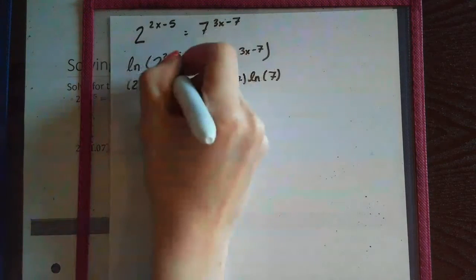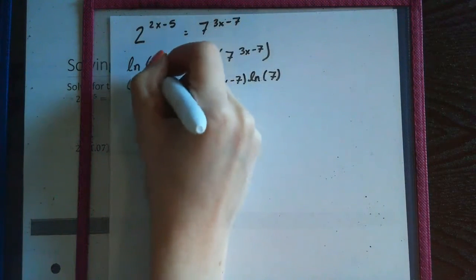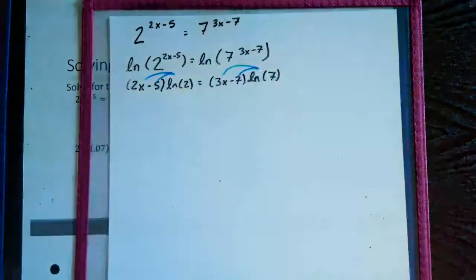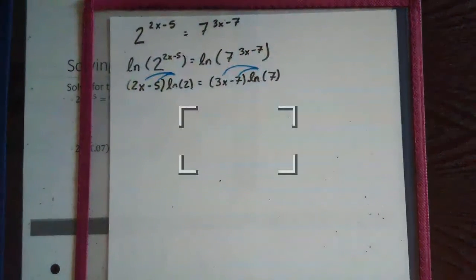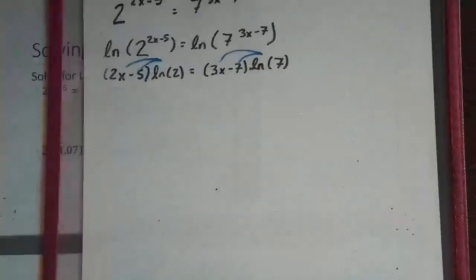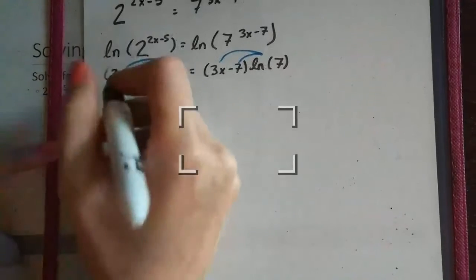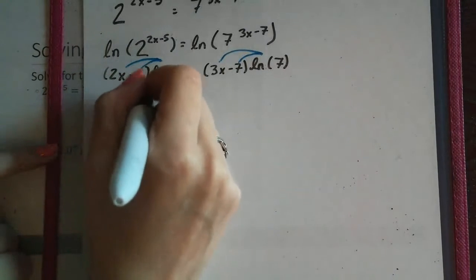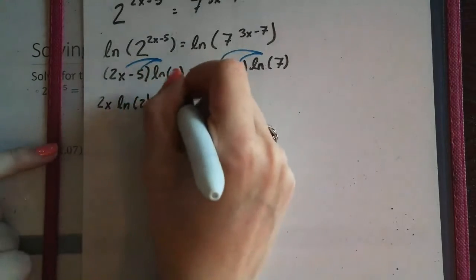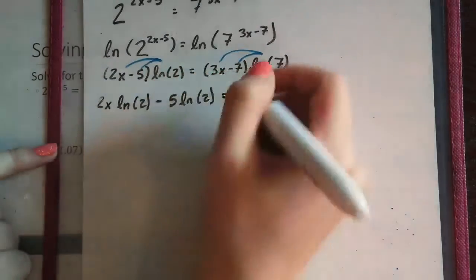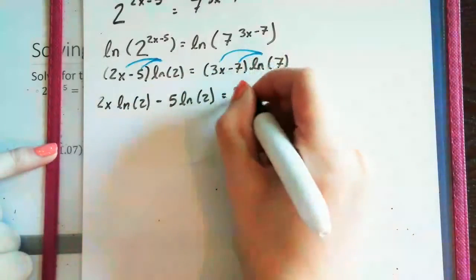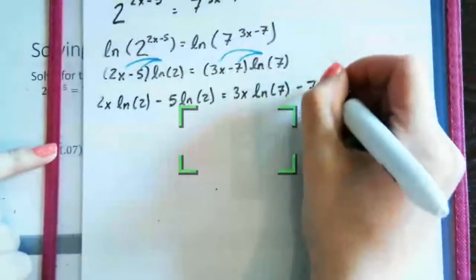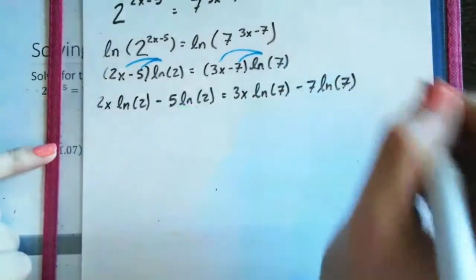This natural log of 2 can get distributed to the 2x and the negative 5. My natural log of 7 can get distributed to the 3x and the negative 7. So I'll have 2x times the natural log of 2 minus 5 times the natural log of 2 is equal to 3x times the natural log of 7 minus 7 times the natural log of 7.